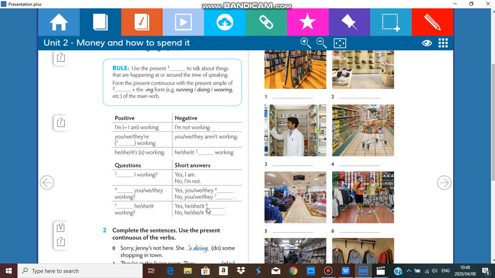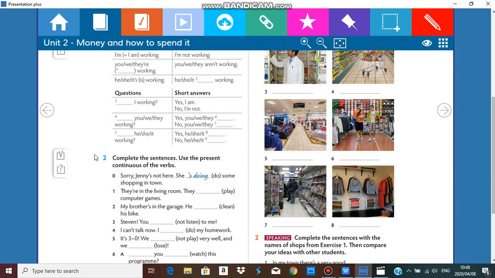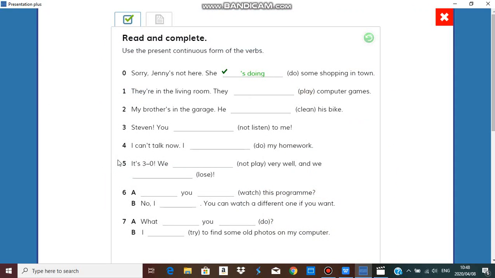Yes, he, she, it is working. Or no, he, she, it isn't working. Or he isn't working, she isn't working, it isn't working. Did you get that? I hope you did. So let's go into our first exercise and try it out.